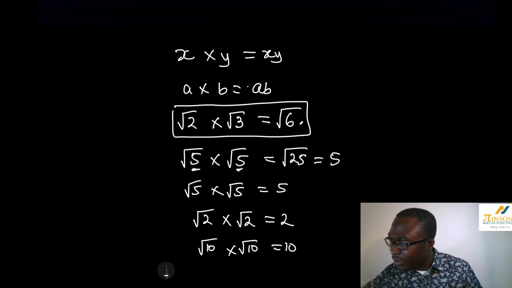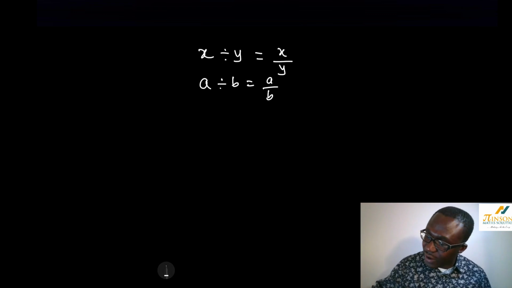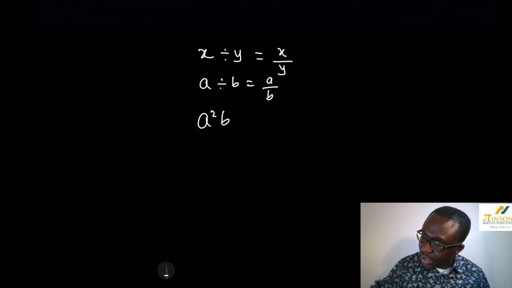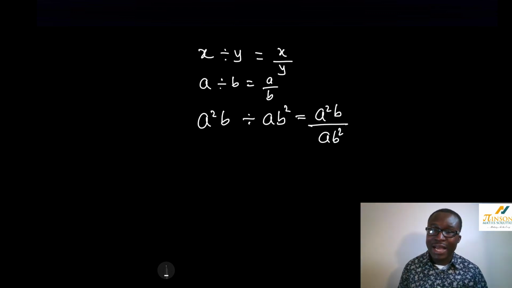One more thing on this is dividing. We can write division as fractions. All right, so x divided by y is the same as x over y. Okay, a divided by b is the same as a over b. What that means is if I have a squared b and I divide that by a b squared, I can write this as a fraction, a squared b over a b squared, and therefore I can simplify.